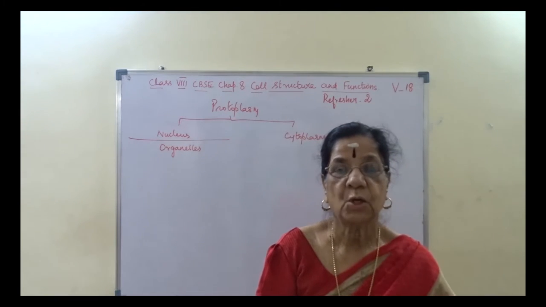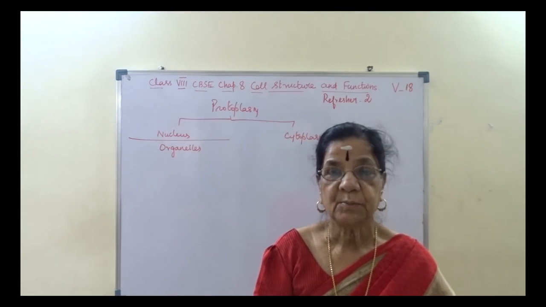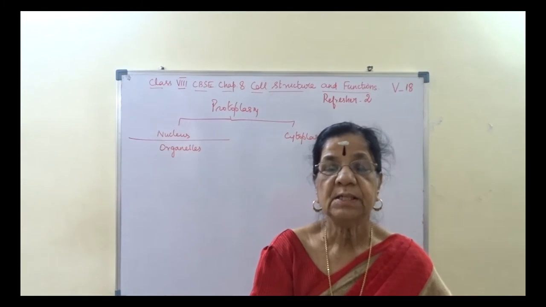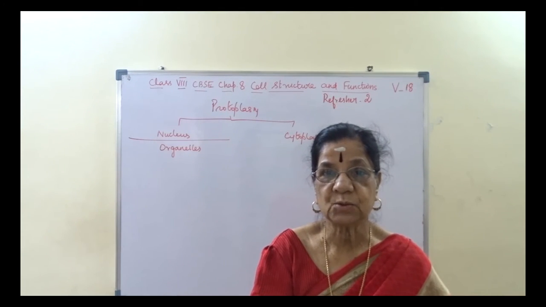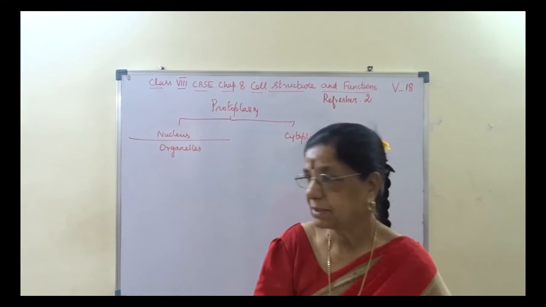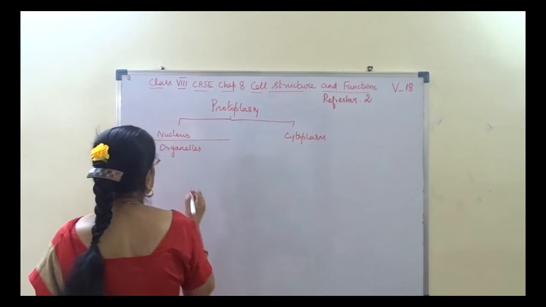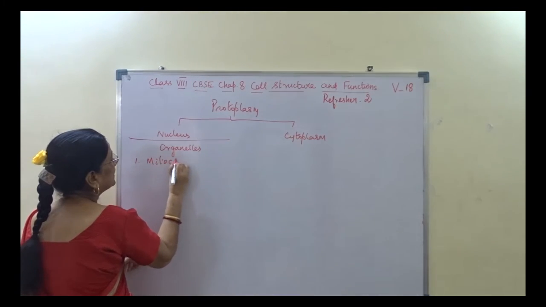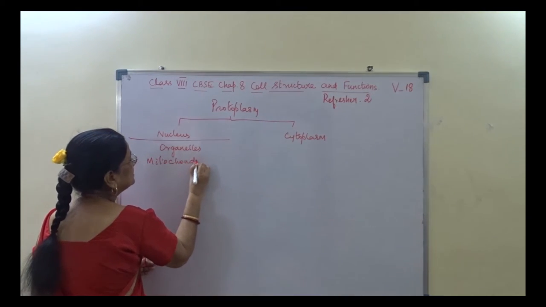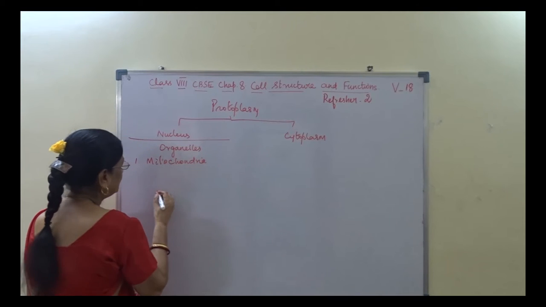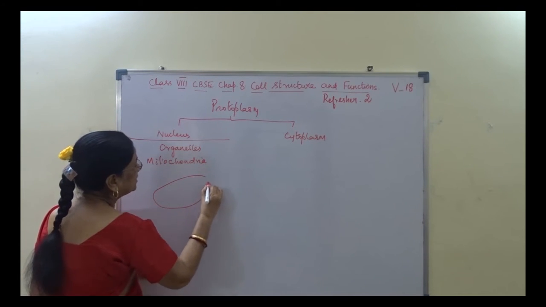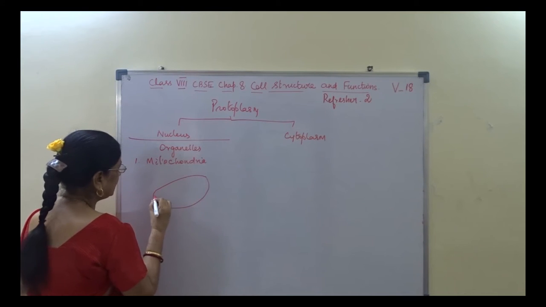The first inclusion, cell organelle, is the mitochondria, which has two membranes, outer and inner.